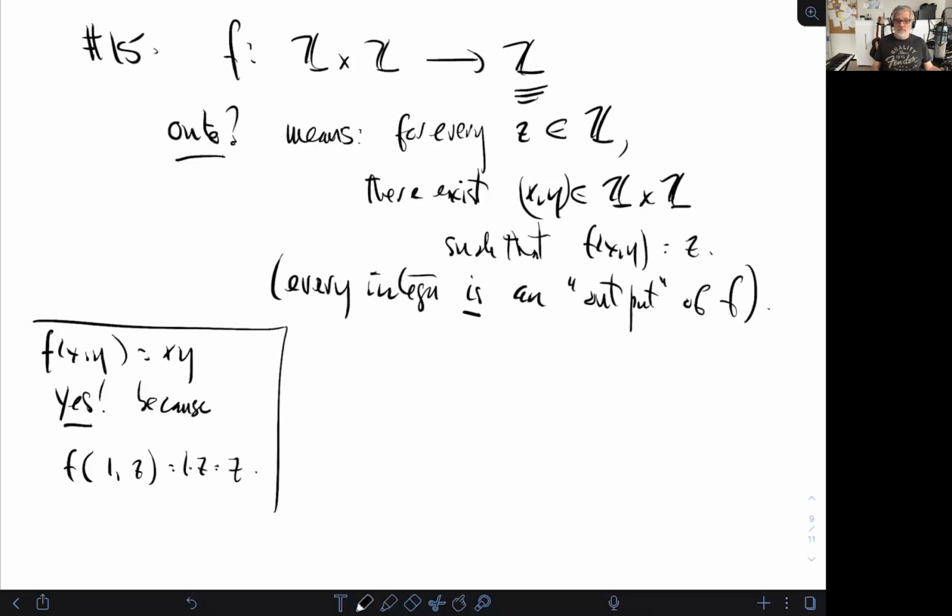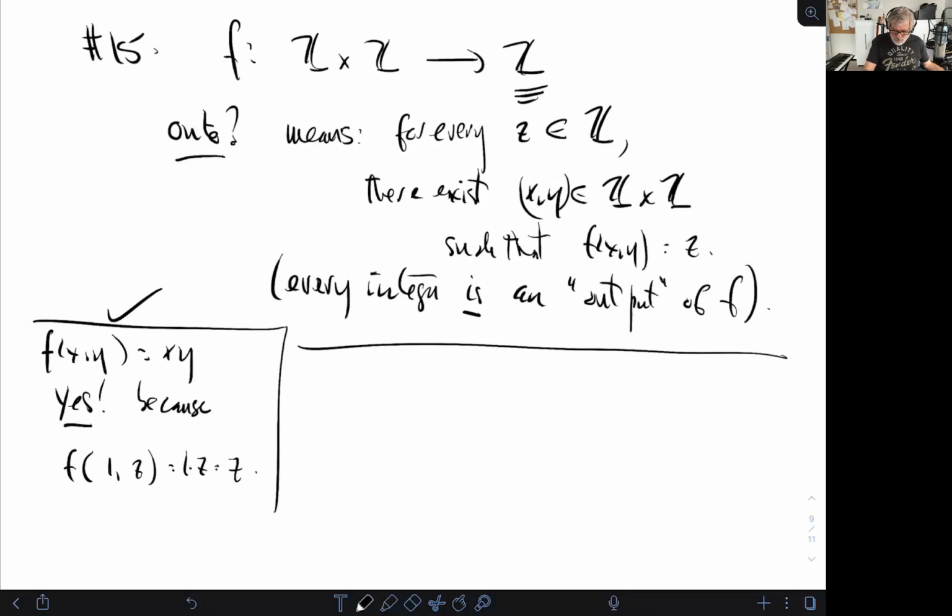Excellent proof. But the functions here are not necessarily the product of x and y, you see? Okay, so for that function, the answer is yes, and that's exactly how you do it. That's basically the trick for all the other functions. You have to figure out how you can find an input to output whatever you want.